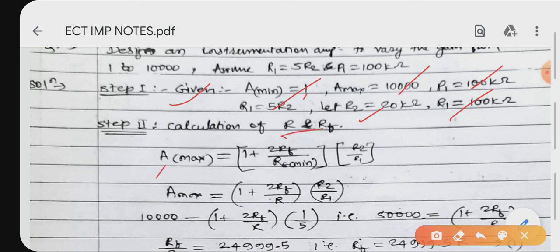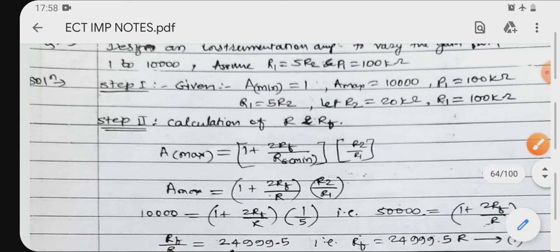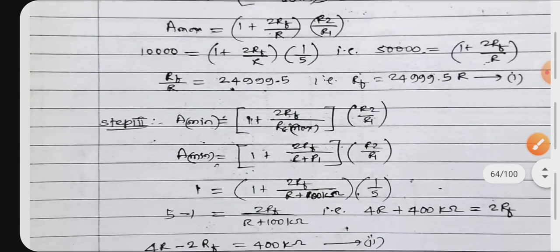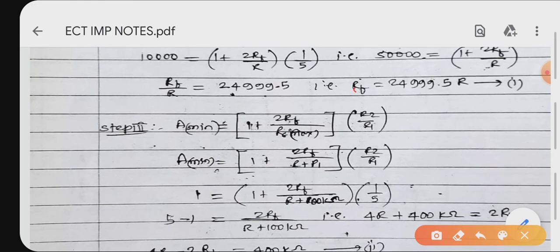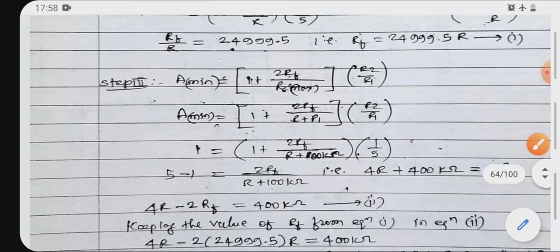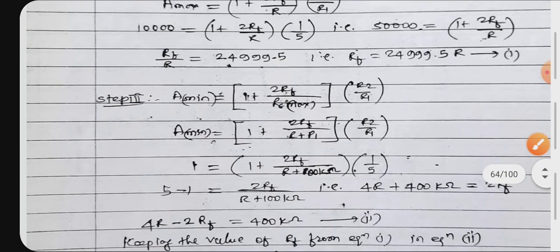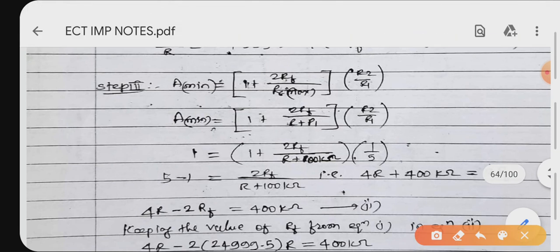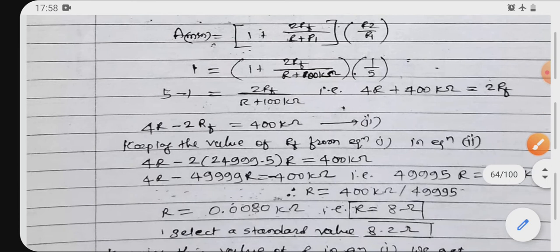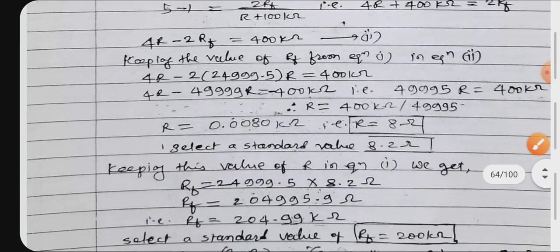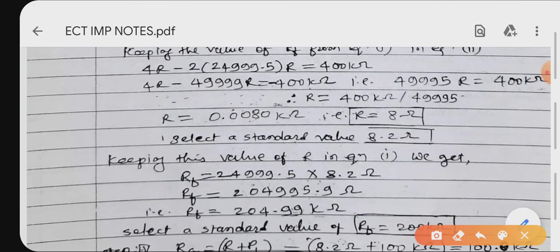Okay, calculation of R and RF. By using the same formula, A max is equal to this formula, you will get one equation, equation number 1, RF is equal to this. Similarly, by using the second formula, A min, this standard formula, we will get equation number 2. By solving equations 1 and 2, you will get the value of R as 8 ohms.